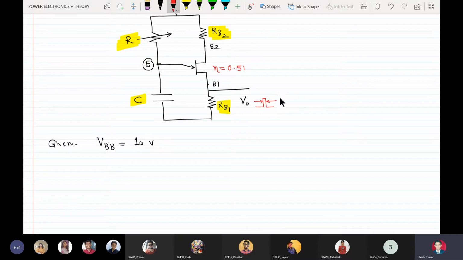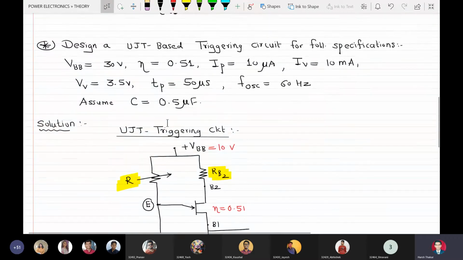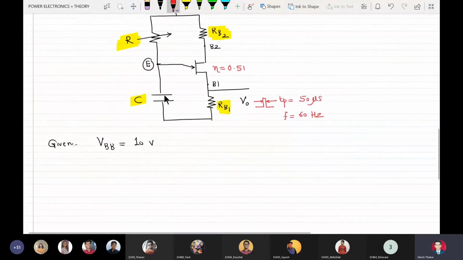The pulse width given is Tp equal to 50 microseconds and the frequency of pulses is 60 hertz. C is to be assumed as 0.5 microfarads.